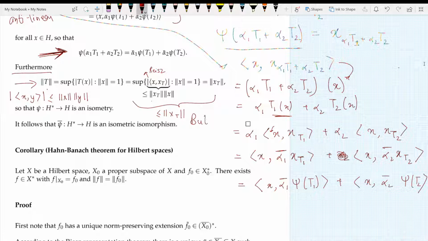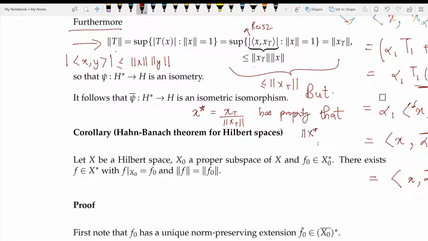But if I take my x star and define it as xt by norm of xt, it has the property that norm of my x star is equal to 1.